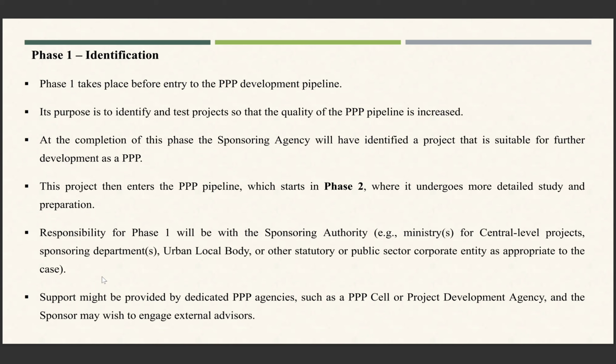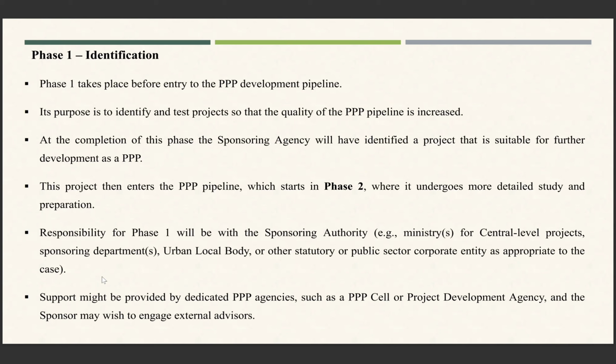So the PPP pipeline, that is the involvement of the private party, starts in phase two. In phase one, there is identification and testing of the project so that the quality of the PPP pipeline is increased. And in phase two, more detailed study and preparation takes place.